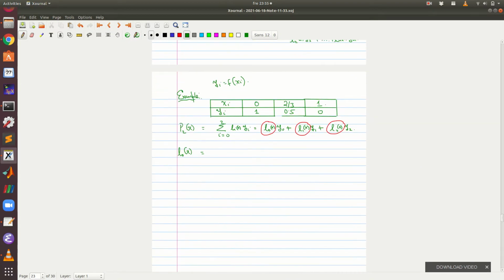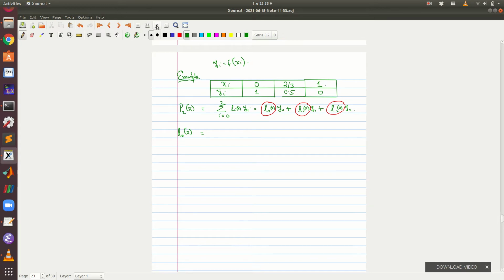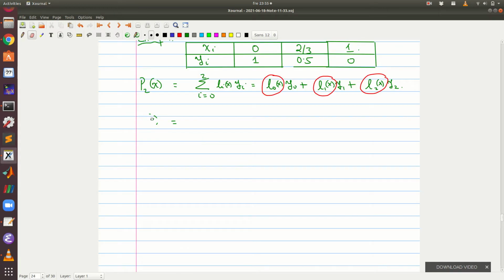Maybe we can start by reminding ourselves: Li of x is given as the product from j equals 0 up to n, excluding the point j equals i, of this quotient, x minus xj divided by xi minus xj.